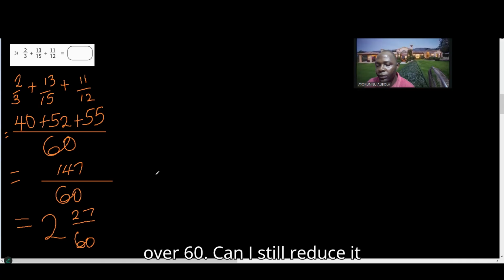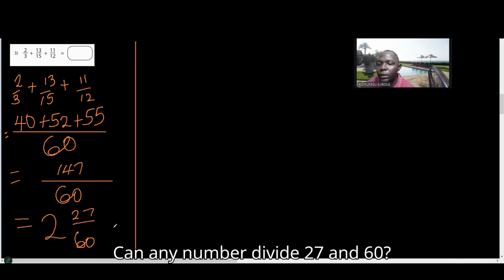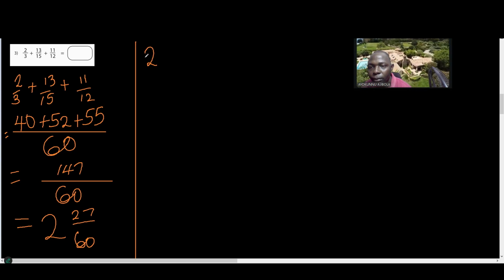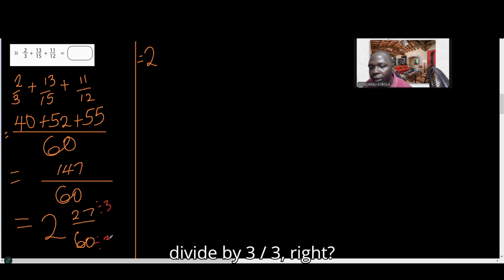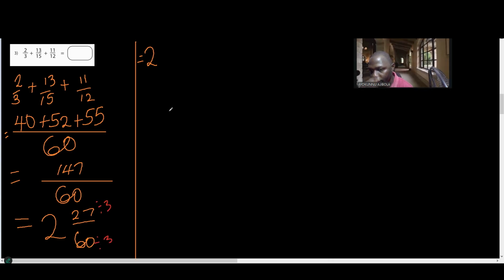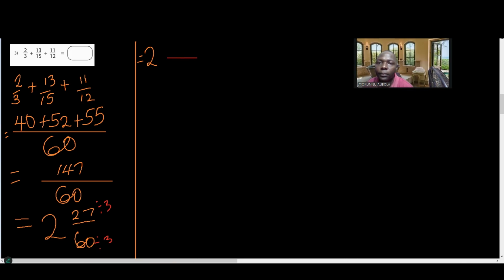Can I still reduce it further? Can any number divide 27 and 60? 3 should be able to divide them. Divide by 3, divide by 3. So what is 27 divided by 3? 9.